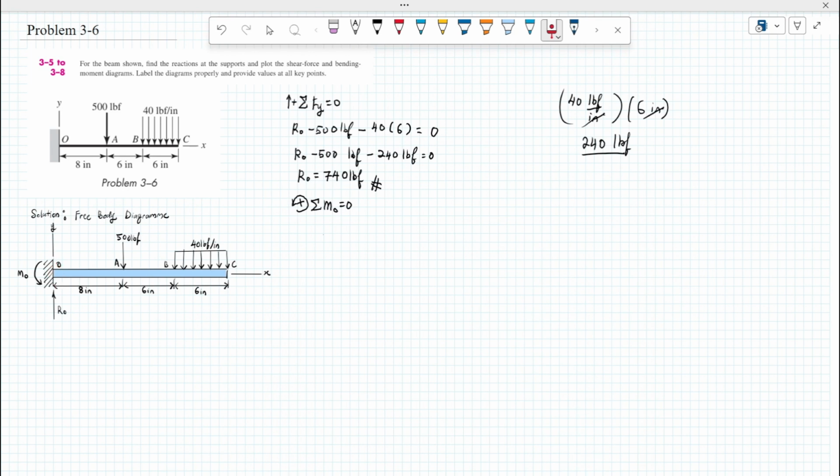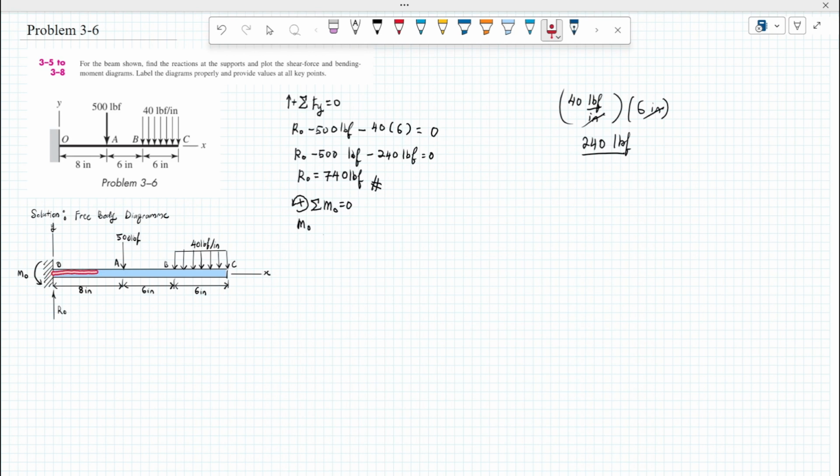So at point O, we have the reaction moment MO, which is also acting counterclockwise. We do not consider the reaction force RO because it acts at point O, so its moment there is 0.